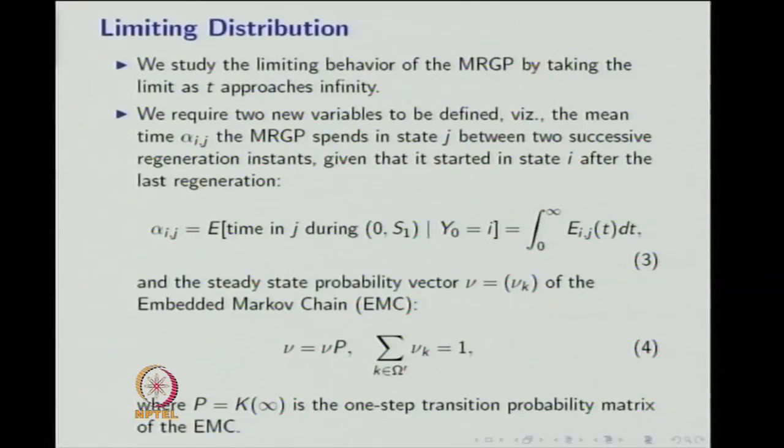So alpha_{i,j} is the expectation of the time in state j during the interval 0 to S1, where S1 is the first regeneration time instant, given that the system was in the state i at the last regeneration time.